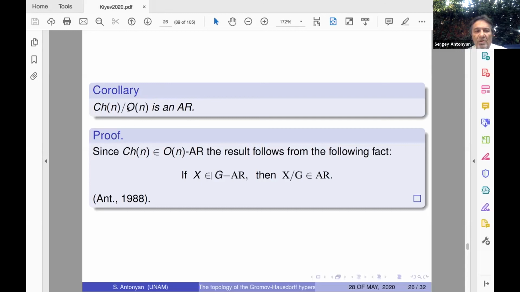Now our goal is to prove that in the final stage, this orbit space will be homeomorphic to the Hilbert cube. One of the ingredients of the Hilbert cube is to be a compact absolute retract. Of course, these spaces are compact, I didn't say, but okay.